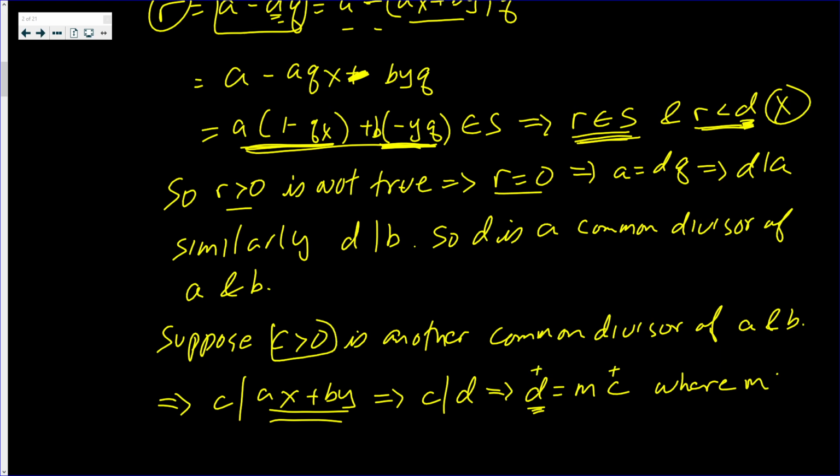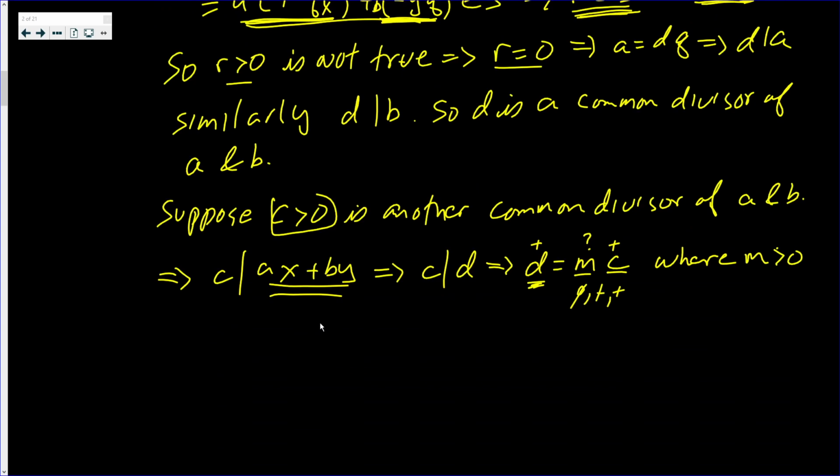D is positive, and C is positive, so M has to be positive. It can't be 0, because 0 times a positive doesn't equal a positive. A negative times a positive isn't a positive. So M is positive, where M is bigger than 0. But if M is bigger than 0 and M is an integer, that means M is at least 1.